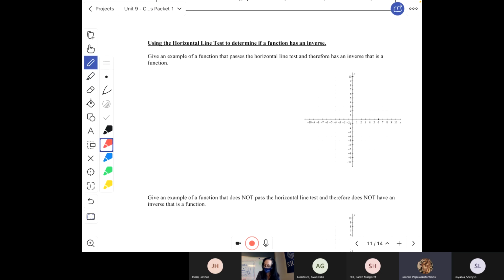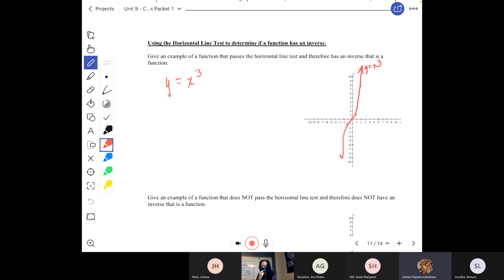Let's look at y equals x cubed. We should know that parent function. We should be able to graph that parent function ever so quickly. So that's y equals x cubed.